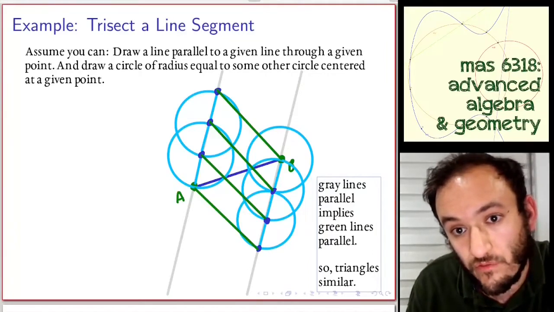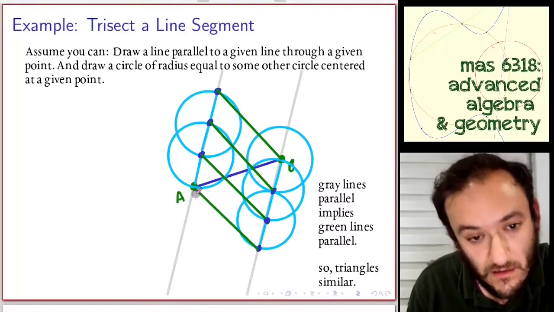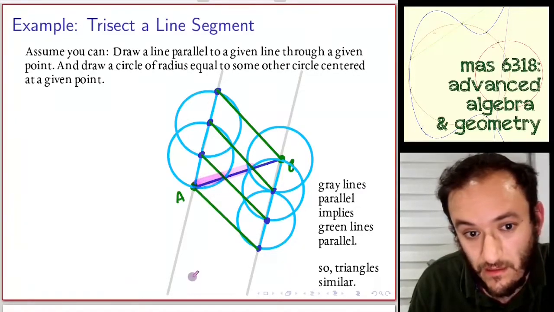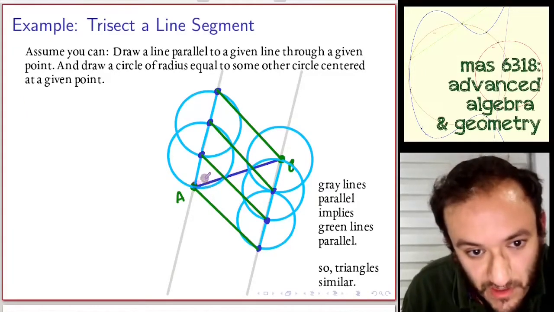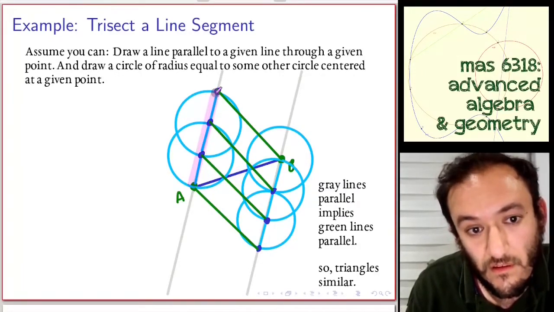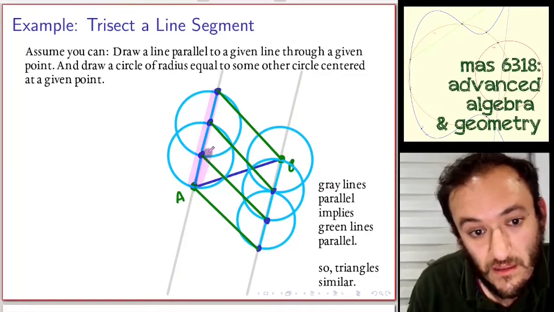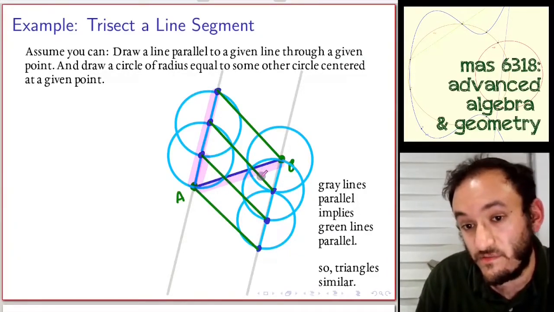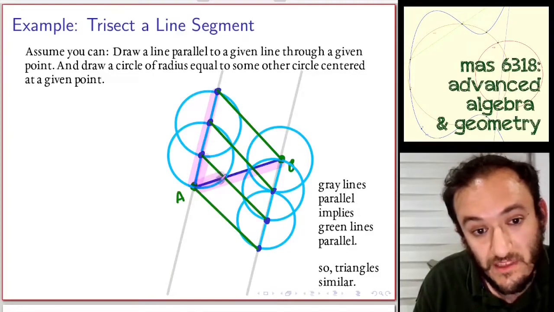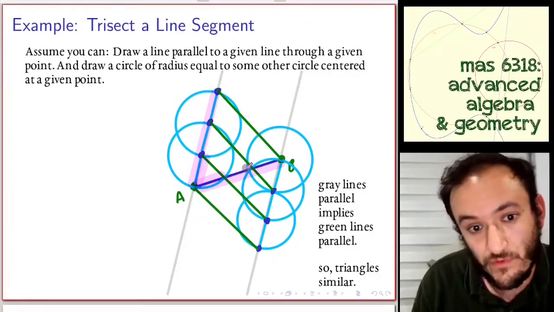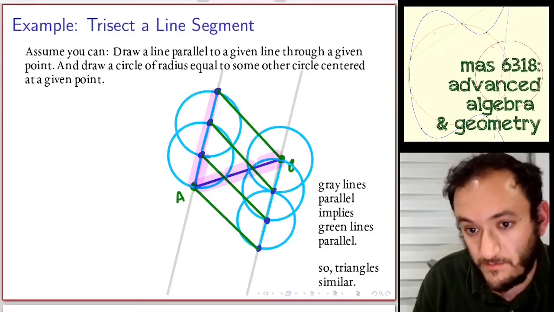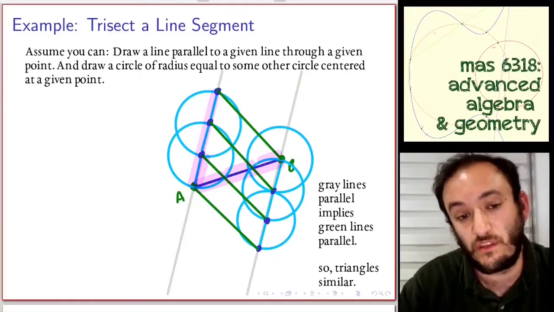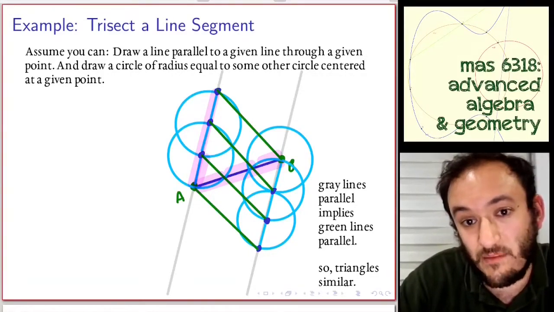So if you know that this length is 3 times this length, then that means that in the corresponding sides of the similar triangle, this length should be 3 times that length. And the same goes for each of these pieces. Okay. So that tells us that we've successfully trisected the line segment AB.